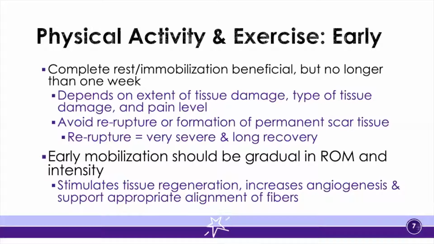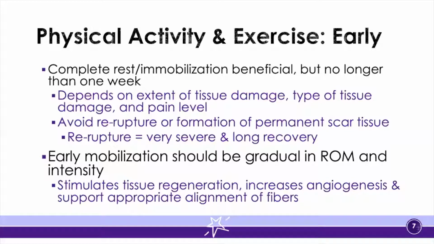Working on mobilizing the injured area should be very gradual in this process, in both the range of motion and also in the intensity. So let's take the example of a sprained ankle. If we had a sprained ankle, what we would want to do is to rest and immobilize it for a period of time.